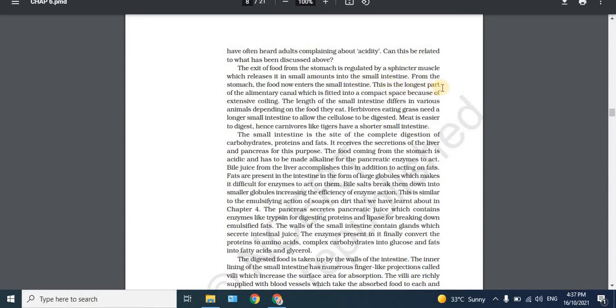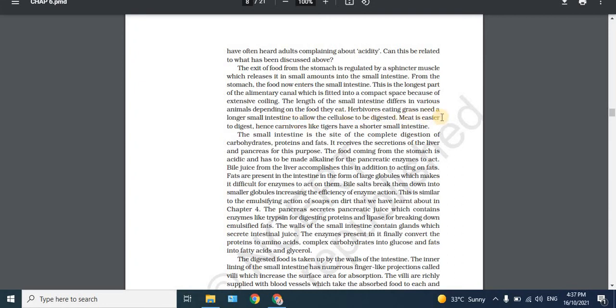This is the longest part of the alimentary canal, which is fitted into a compact space because of the extensive coiling. The length of the small intestine differs in various animals depending on the food they eat. The herbivores eating grass need a longer small intestine to allow the cellulose to be digested.